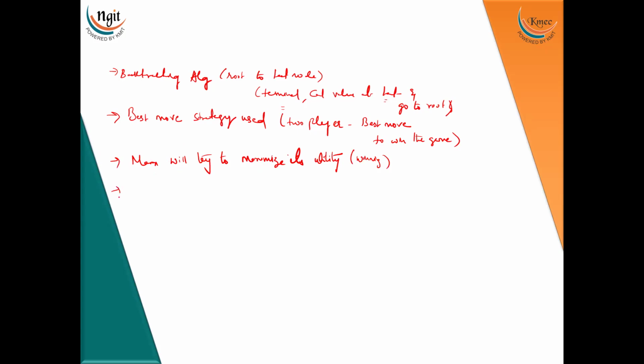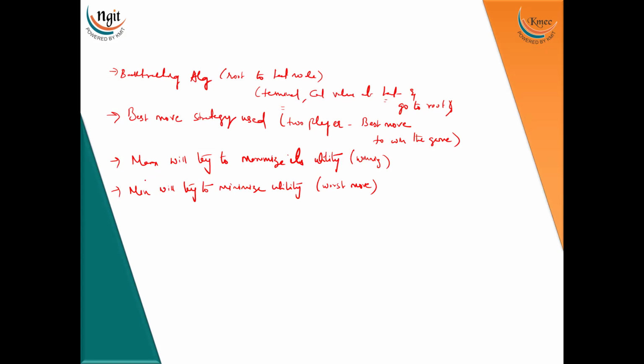Whereas coming to the other player, min will try to minimize utility. That means it will make a worst move. Worst move means not for min; the worst move will be related to the max.